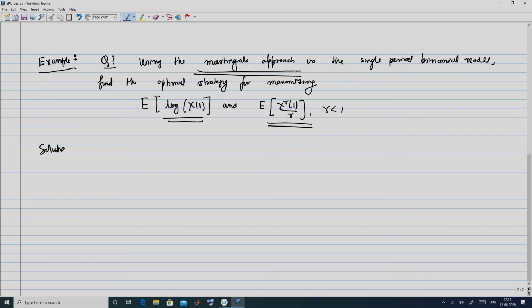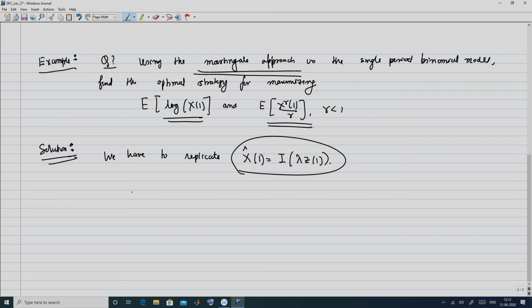So, the solution is as follows. We have to replicate, and by replication we mean that we have to get lambda such that x hat of 1 is equal to I of lambda z1. So, that means you have to figure out our delta hat and lambda in such a way that this condition is satisfied, and this must be done for an appropriate value of lambda.